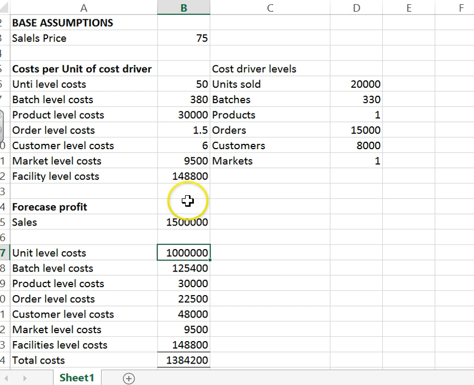Now our unit level costs, as you can see, are our unit level costs times the units sold.